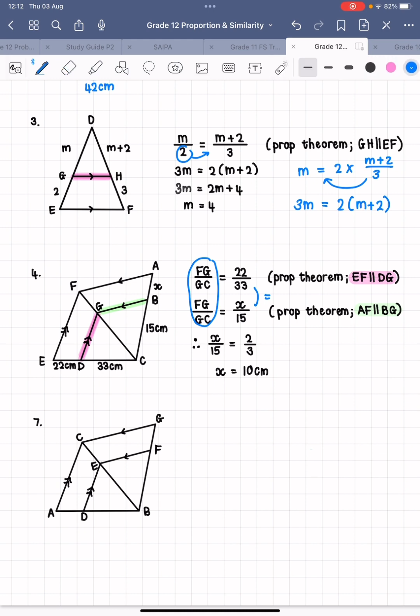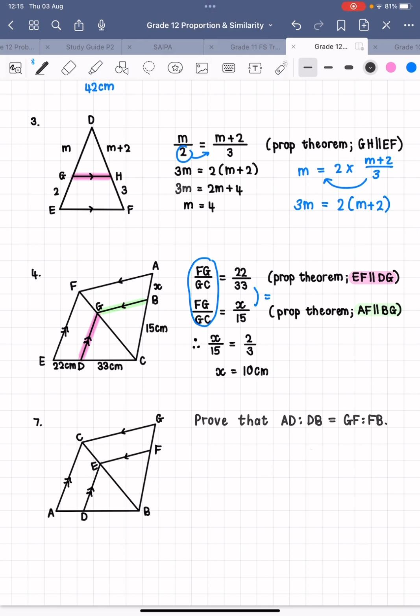The question for number 7 is: prove that AD to DB is equal to GF to FB. So please copy that picture down and then write the question down, and then we're going to do that one together.